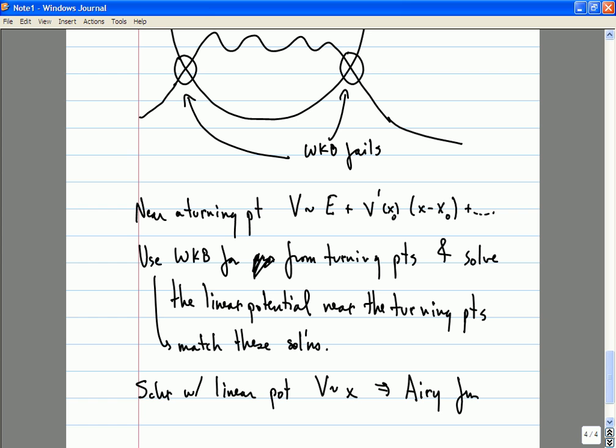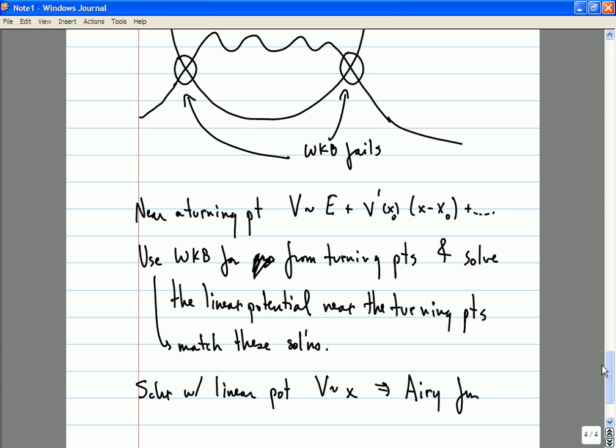Instead, what I'm going to do today is proceed with the calculation pretending that the WKB approximation is good all the way to the turning points. That will give us an answer that's close, but not exactly right. Then I'll ask you to trust me when I tell you how that answer is modified by the inclusion of the matching to the Airy functions, if one wanted to study the problem more carefully.